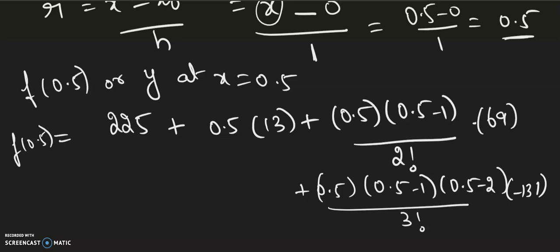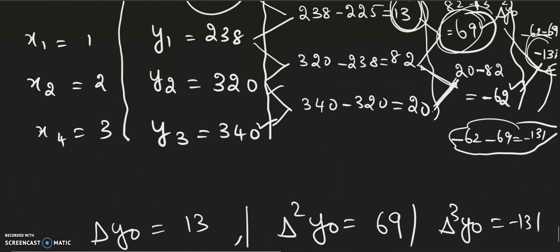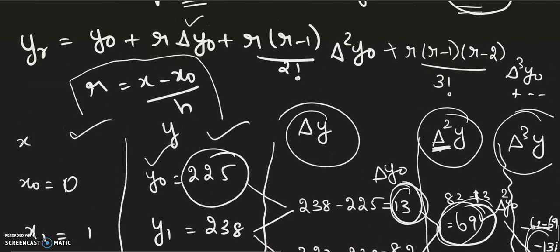If you simplify this carefully, you will get the answer 214.6875. So this is the corresponding value of y when x is 0.5. Okay, in the next video, let us see the backward difference formula.